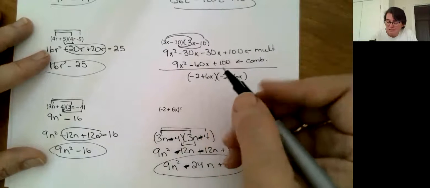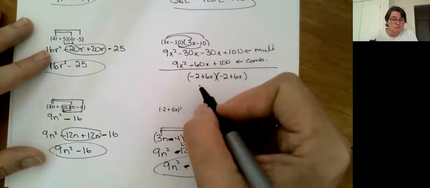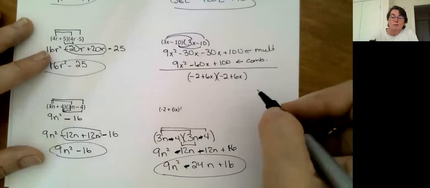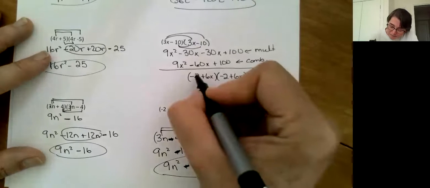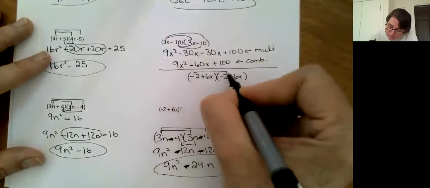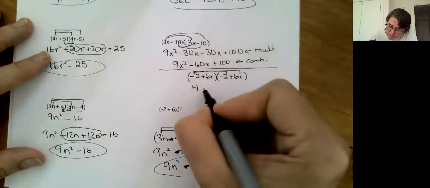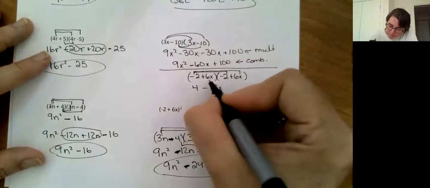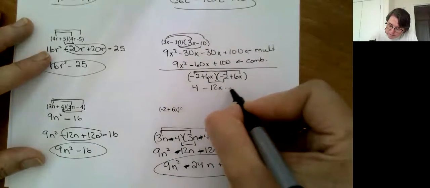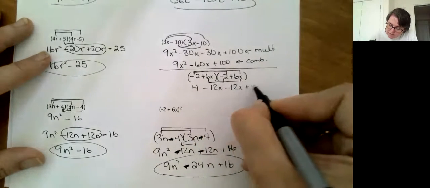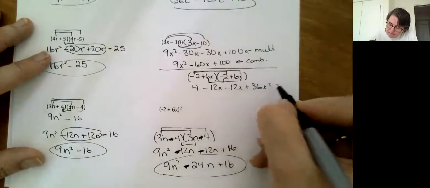That's just a habit you don't need to get into. This one wouldn't kill you if you went 6x minus 2, but it's just a really bad habit to get into. So negative 2 times negative 2 is going to give me 4. Negative 2 times 6x is minus 12x. 6x times minus 2 is minus 12x. And 6x times 6x is plus 36x squared.